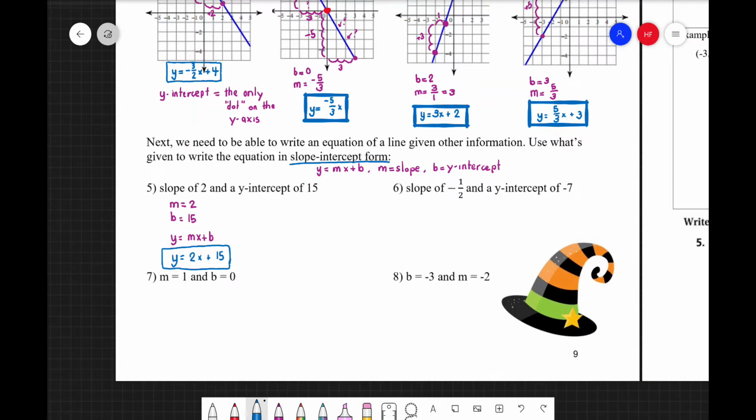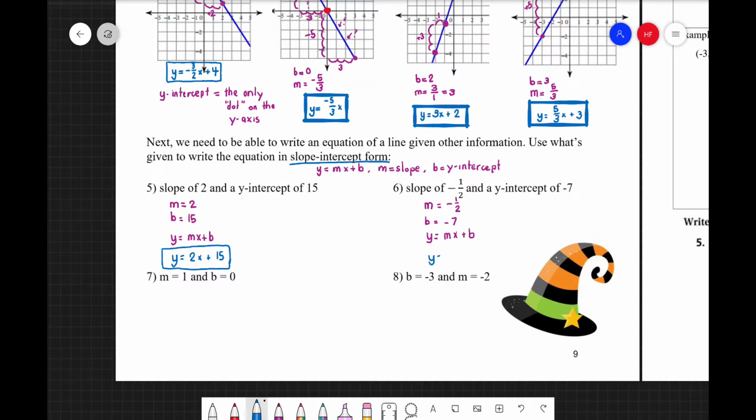Number 6 says a slope of negative 1/2 and a y-intercept of negative 7. So an m of negative 1/2 and a b of negative 7. So y equals mx plus b.